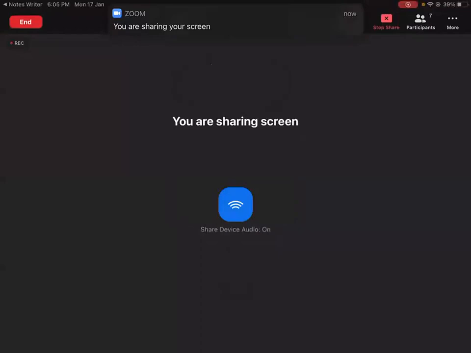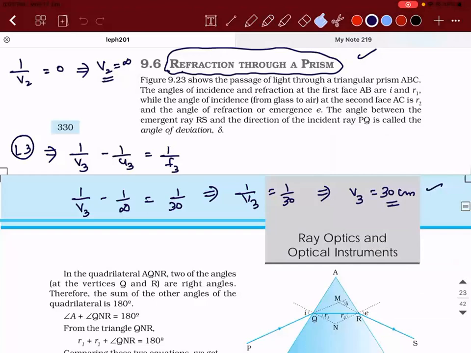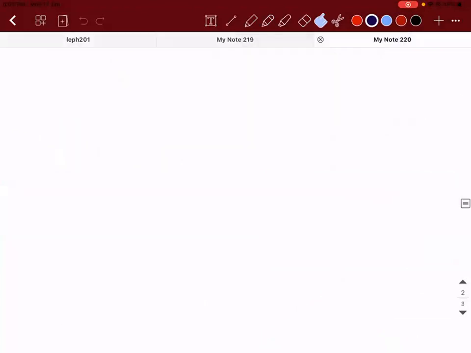Now we'll go to the next concept, that is the concept of refraction through prism. Okay. So basically we have to understand what a prism is.